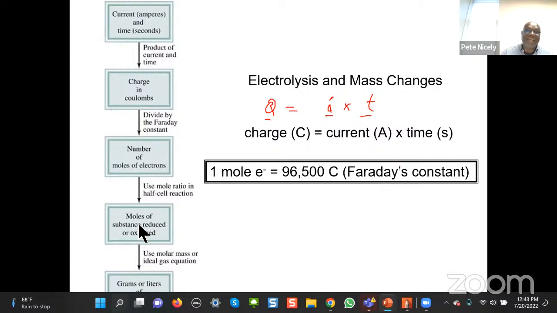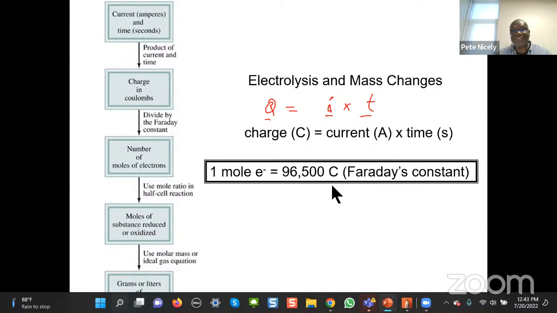And then based on the half reaction equation, you can determine the moles of a particular substance being reduced or oxidized. And then again, based on the type of questions, if a gas is involved, you can determine certain information about the particular gas, like the grams or liters, whatever. So it all depends on the type of information you're given and what the question is asking for.